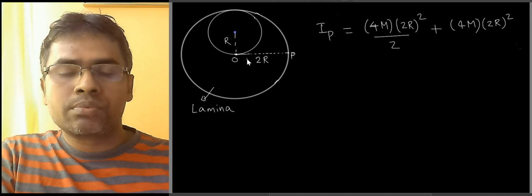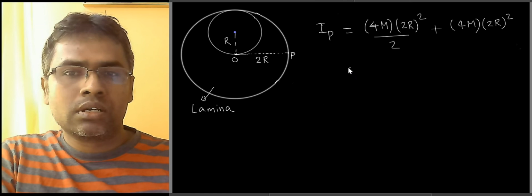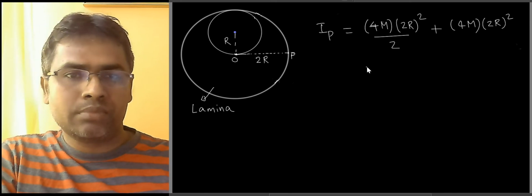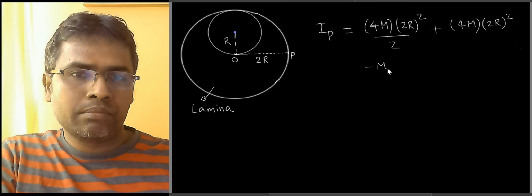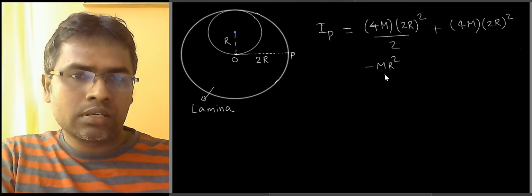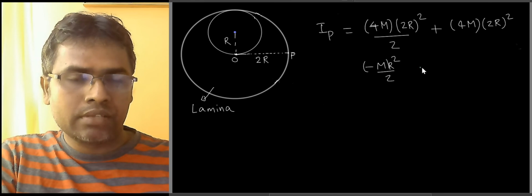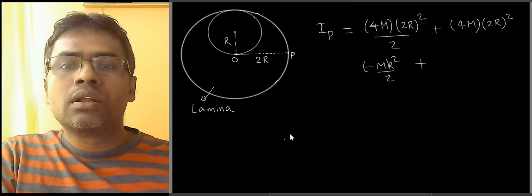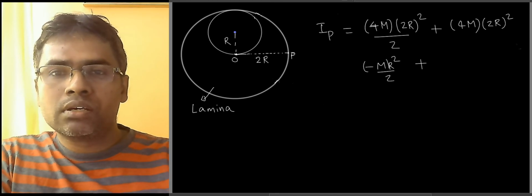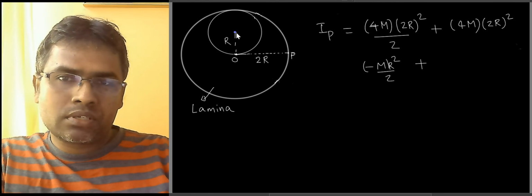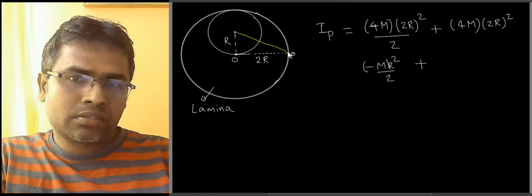Then we look at the contribution coming from the smaller disk. If it were rotated about an axis passing through its center of mass, it would have been minus m r square by 2. Make sure that you are using minus m. Plus, now I need the distance between these two axes. That is easy: just apply Pythagoras theorem.